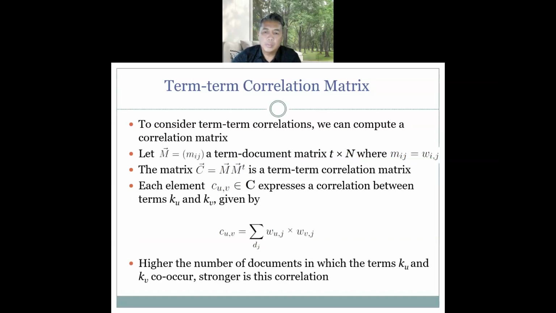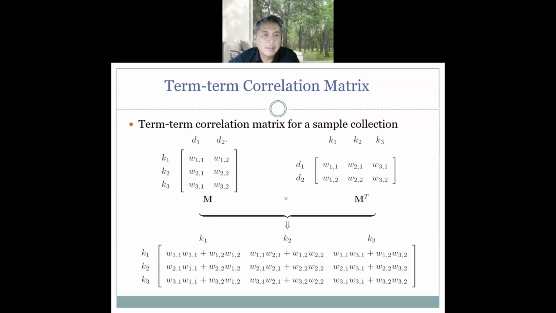In the term-term correlation matrix, we make use of the term-document matrix that we have. This is your basic formula. We take the transpose of this matrix, meaning the rows and columns swap, so the document becomes the row and the keyword becomes the column.